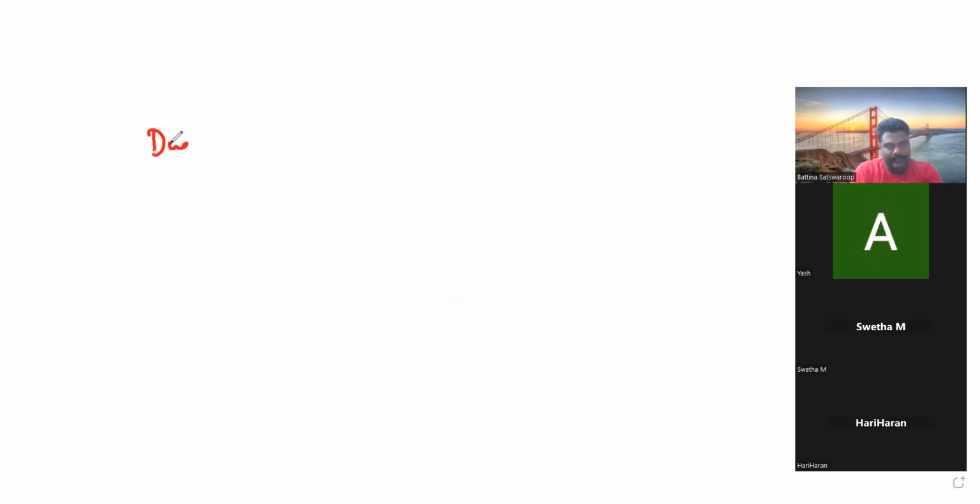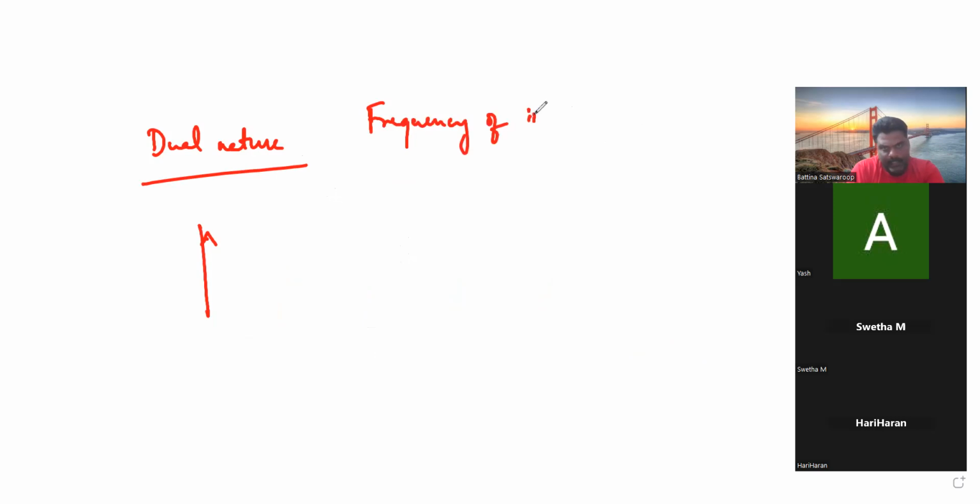Dual nature. Dual nature, we have graphs. Graph between frequency of incident radiation and kinetic energy of photoelectron.